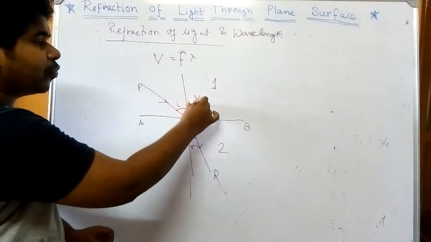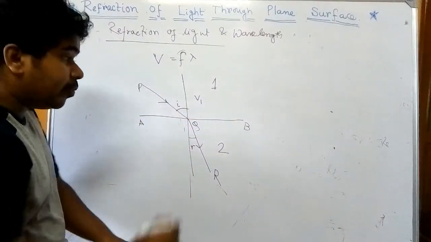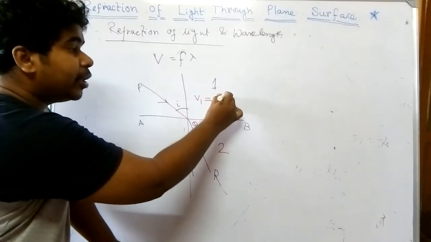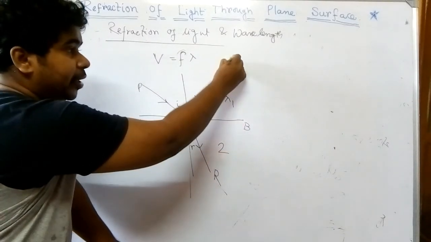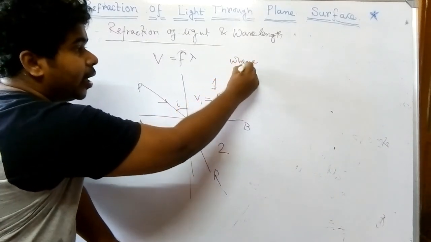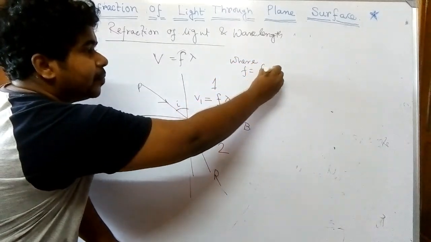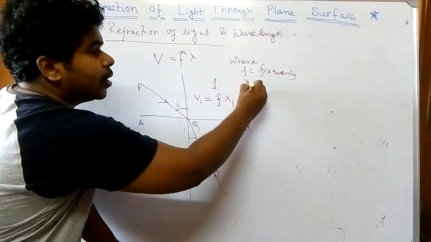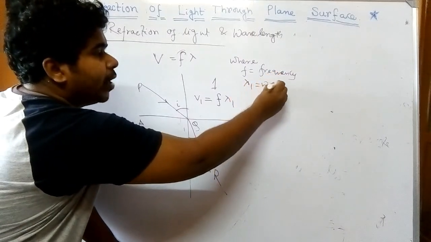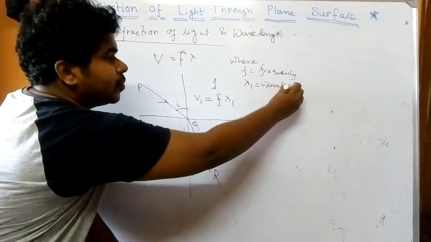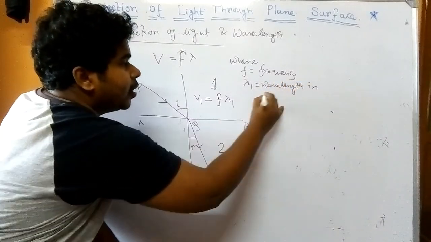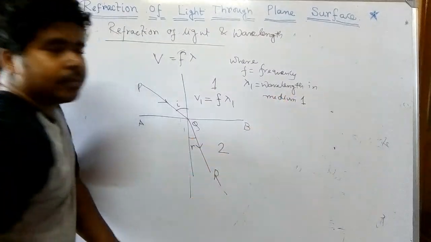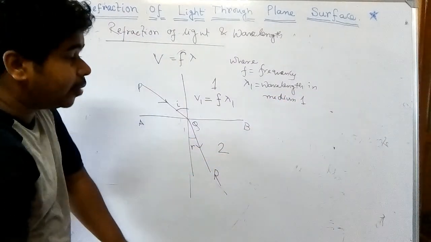We take it as v1, so v1 equals f into lambda 1, where f is the frequency and lambda 1 is the wavelength of light in medium 1.